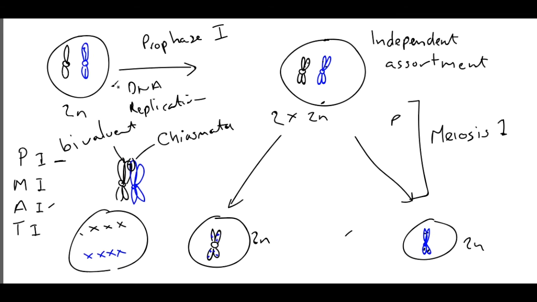The cell goes through DNA replication, meaning there's twice as much information on all the chromosomes. Then it goes through meiosis I, which is made up of prophase 1, metaphase 1, anaphase 1, telophase 1. All the things that happen in normal mitosis, prophase, metaphase, anaphase, and the way the chromosomes move around and the spindle fibers are formed and the nuclear envelope breaks down, all the same, apart from in prophase 1, your homologous pairs line up, form a bivalent, and exchange genetic information through the chiasmata.